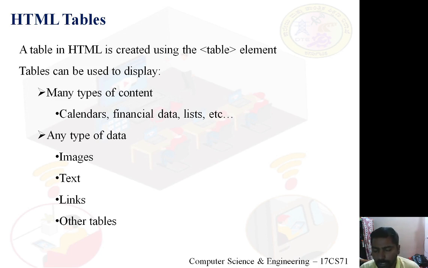In general, a table is nothing but a collection of rows. And what actually is a row? A row is nothing but a collection of cells. So I repeat, a table is a collection of cells, or to be more precise, organizing information in the form of rows and columns. Clear? So a table is nothing but a grid of cells.